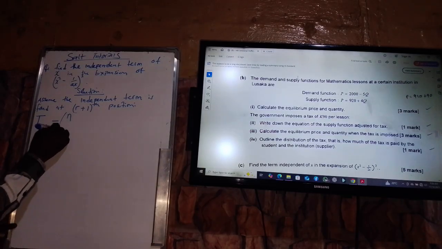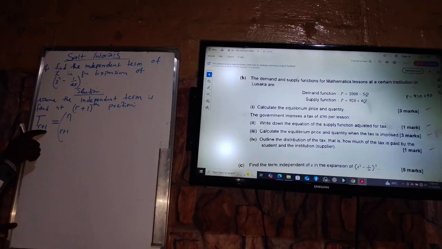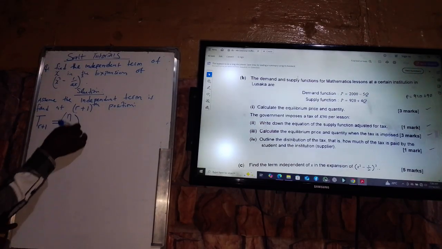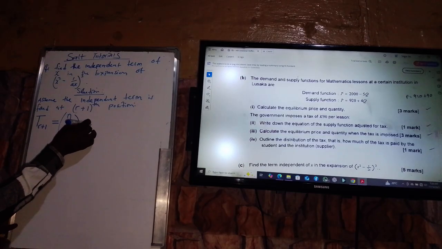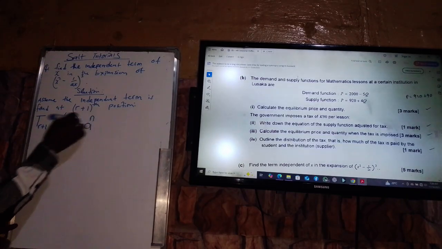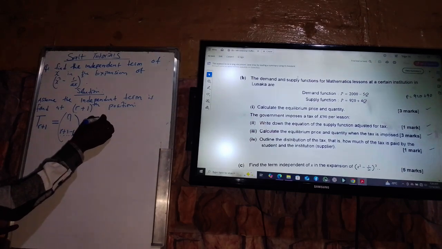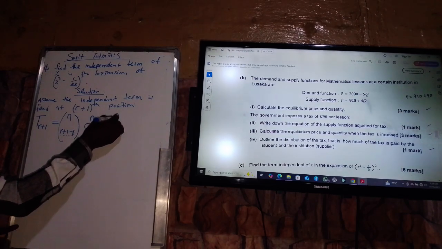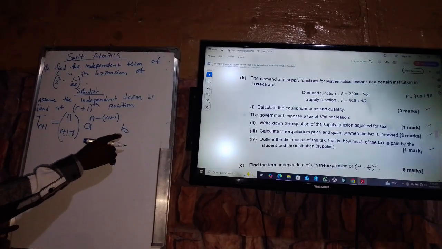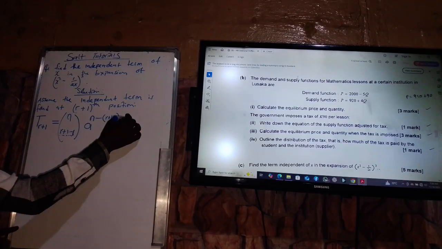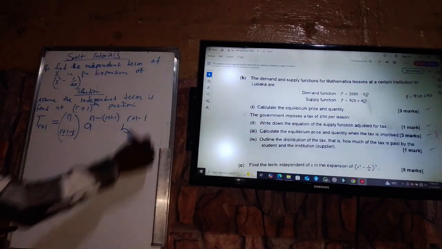N combination R plus 1, which is this. So what term you are looking for, when it enters the combination, it decreases by 1. Then N, which is this, minus R plus 1 minus 1 for A. And then B, which is our second term in the expansion, power R plus 1 minus 1.